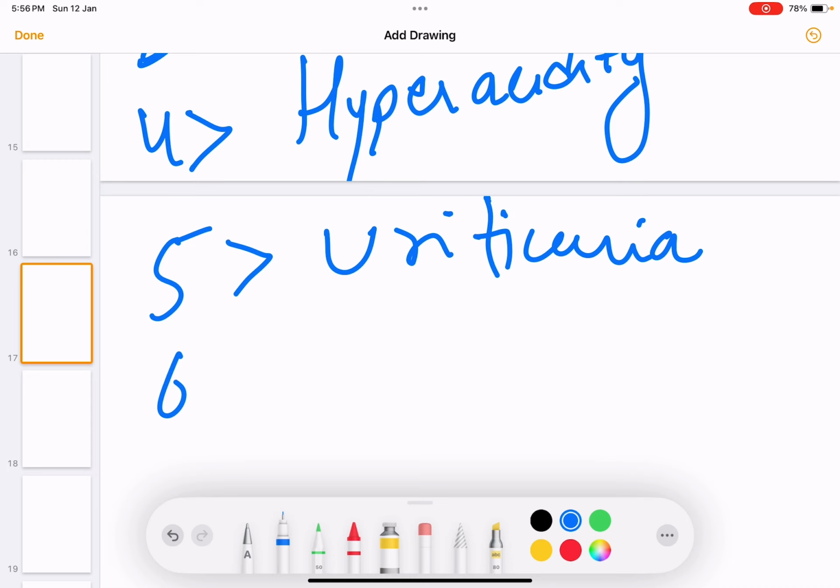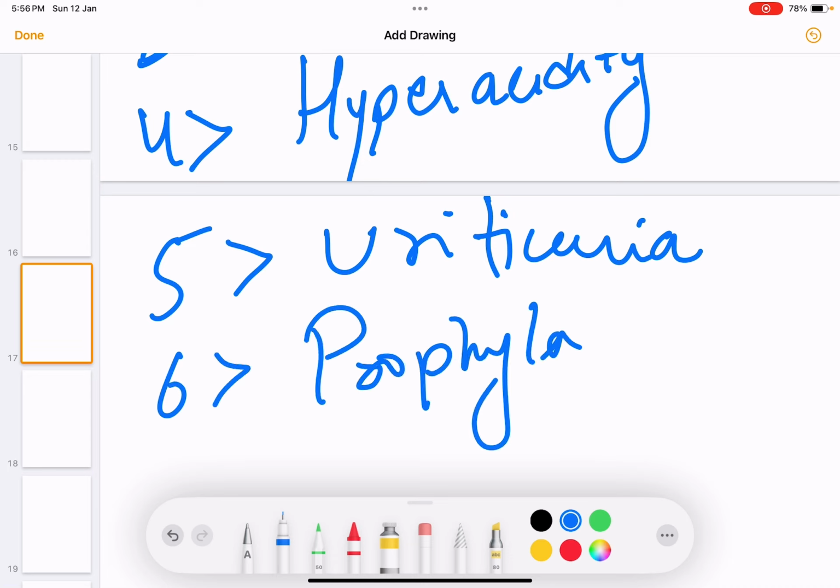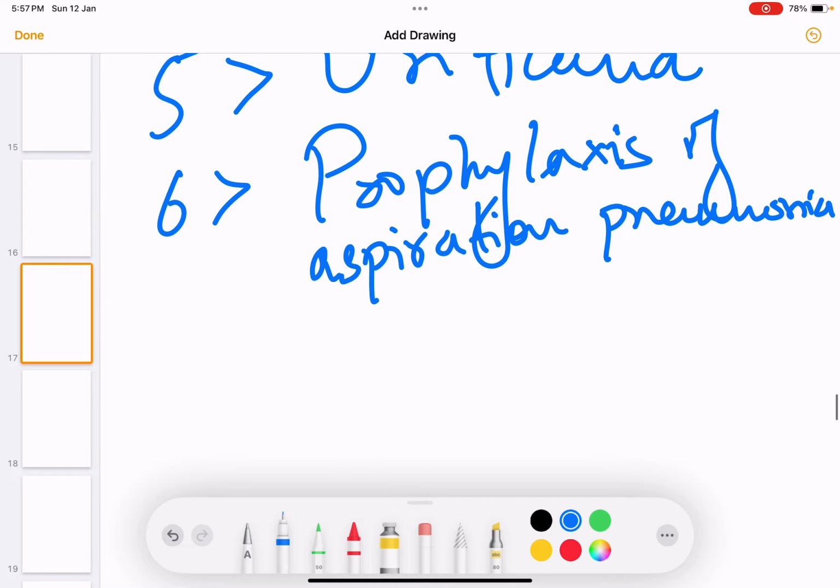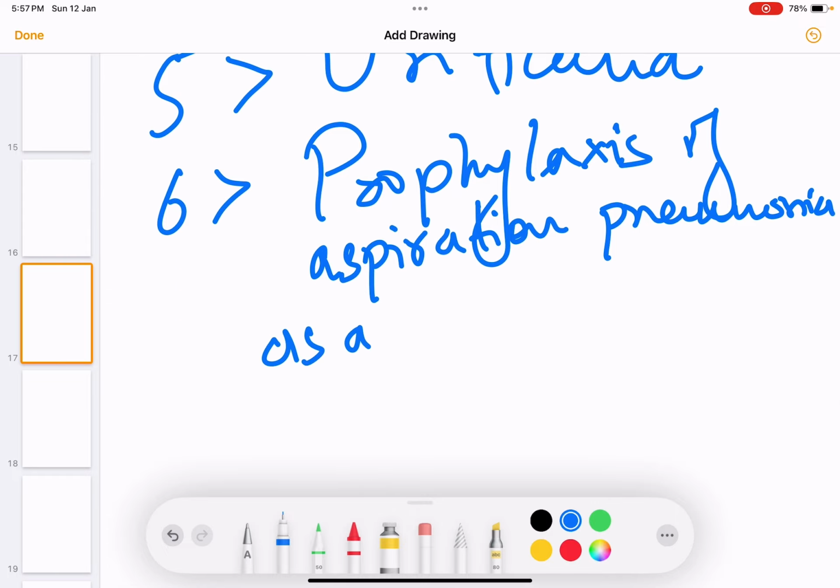The sixth is prophylaxis of aspiration pneumonia. The seventh is as a pre-anesthetic medication.